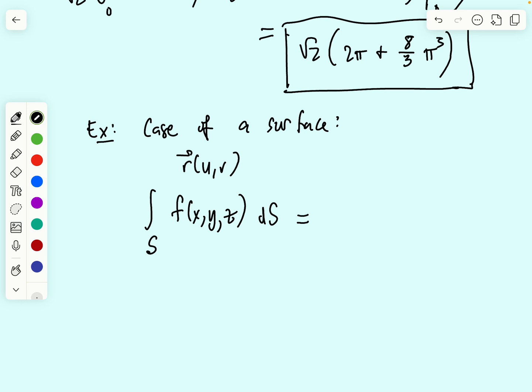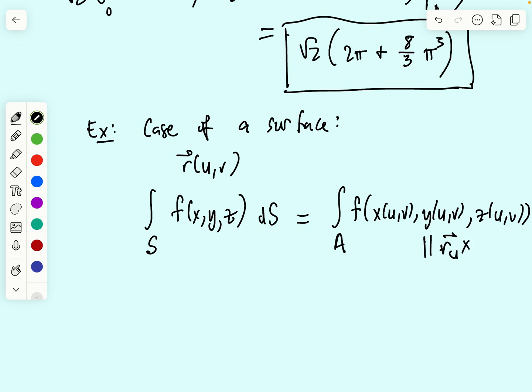is going to be, by definition, the integral over the region that you're parameterizing over, times f of x of uv, y of uv, z of uv, so this is a function of u and v, and then times the magnitude of r sub u cross r sub v, dA.